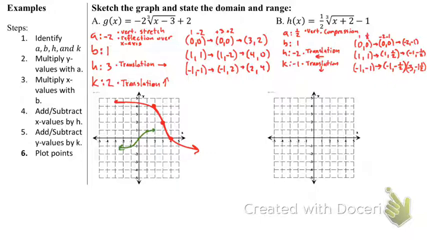Okay, these will be my final points, so let's plot them. Negative 2, negative 1, negative 1, negative 1/2, so negative 1, and then negative 1/2 is here. And then we'll go negative 3, negative 1.5. So negative 3, negative 1.5.